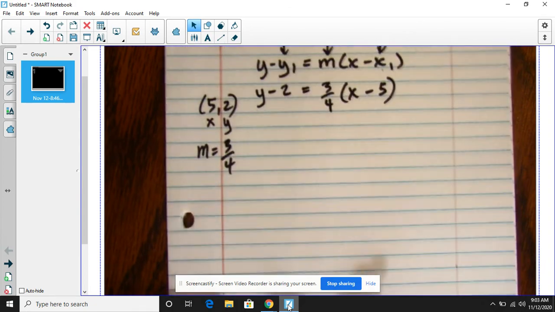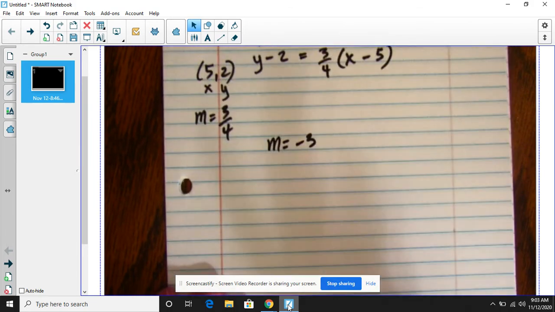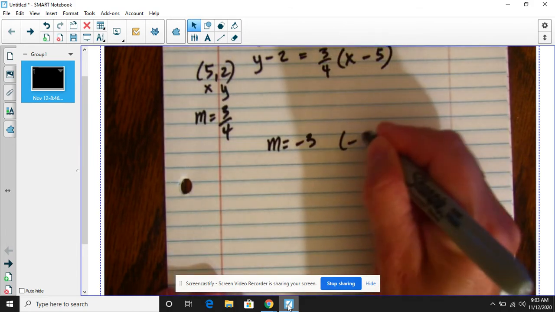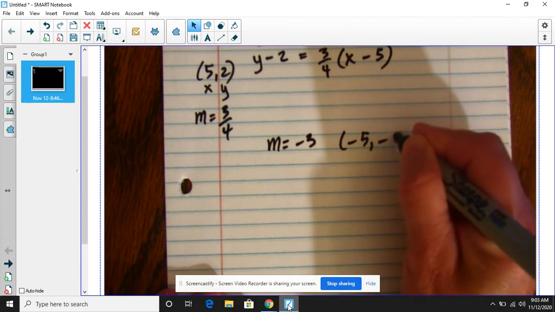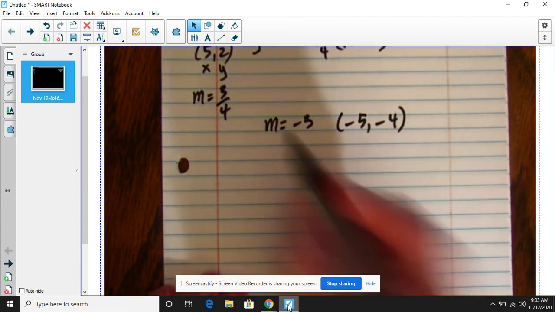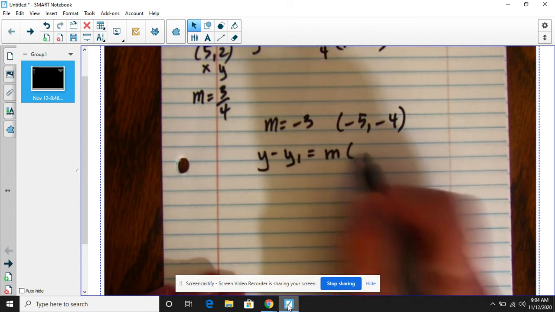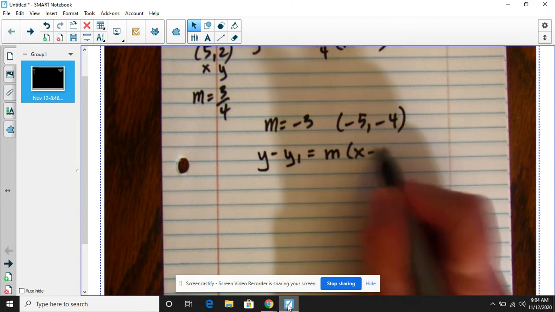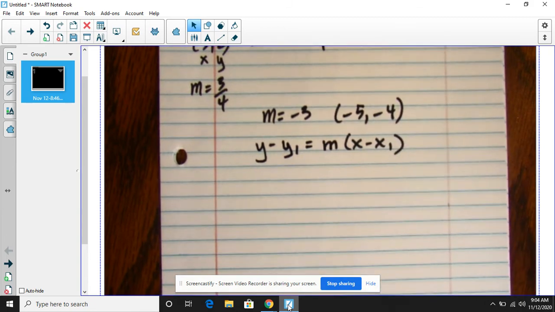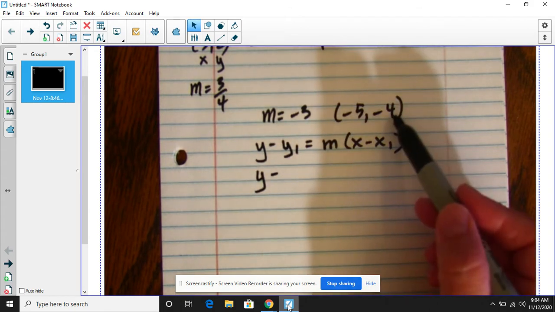Well, let's do one. Let's say the slope is -3, and the point that I give you is (-5, -4). See what happens when they're negatives. We're plugging it into this: y minus y1 is equal to m times the quantity of x minus x1. So I would plug in y minus y, which is -4.